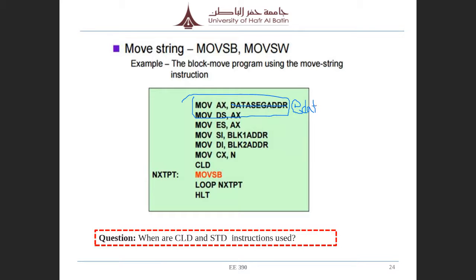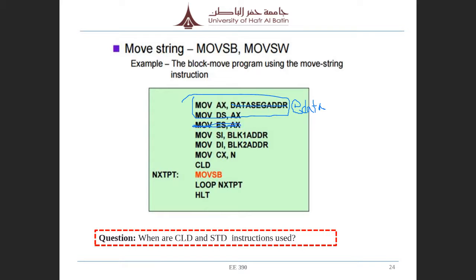It's not a full program, just a part of the code segment. This line initializes the data segment, and then this line initializes the extra segment. The data segment and extra segment are the same here, so I think this line is not necessary.